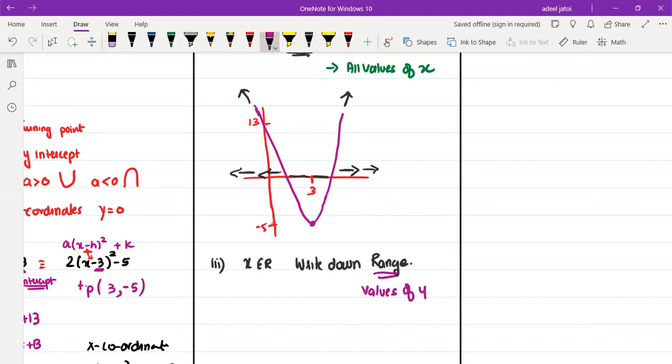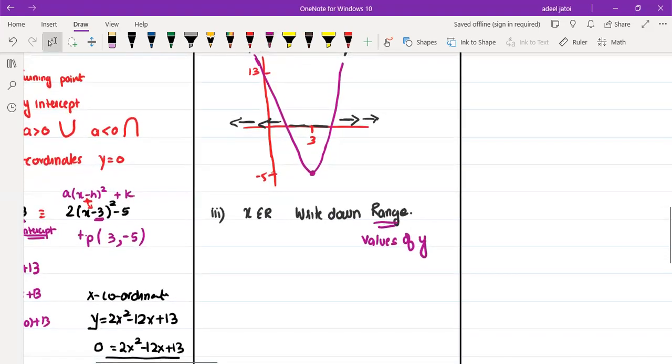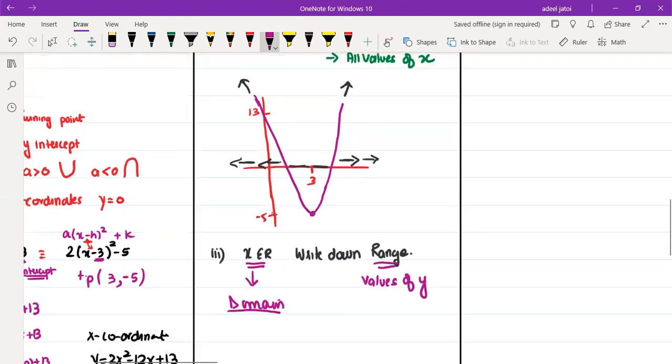So knowing that range is values of y, and x is an element of real numbers, that means we are talking about domain. When domain is limitless, your range should also be limitless. But at this point, what does range mean? Can I say that my range of y will not go below minus 5?